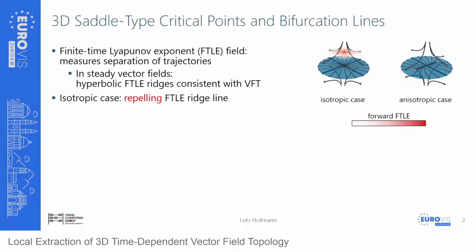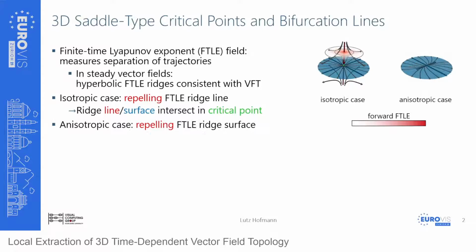This ridge line intersects with the ridge surface in the backward FTLE field in the critical point. In the structurally stable anisotropic case, it turns out that the forward FTLE field also exhibits a ridge surface. Now these two ridge surfaces intersect in a line which we call a bifurcation line.